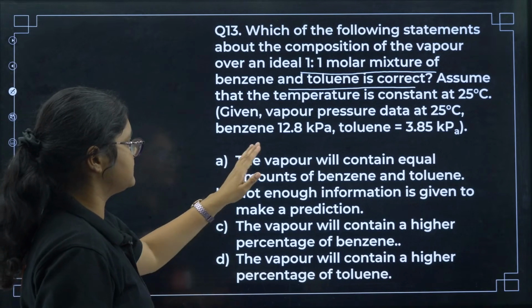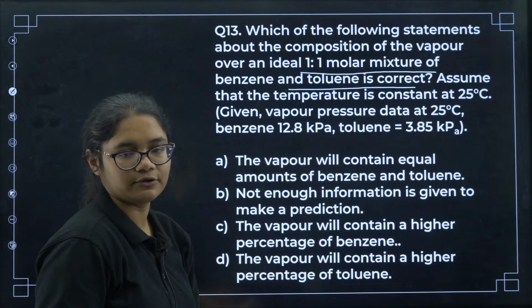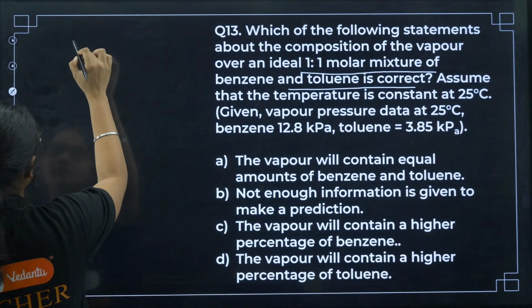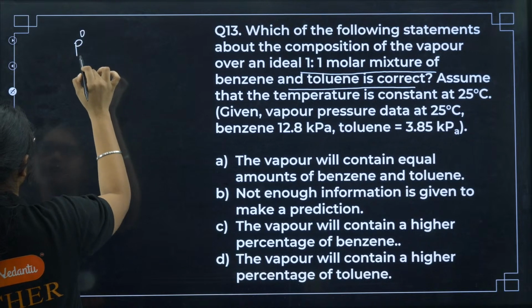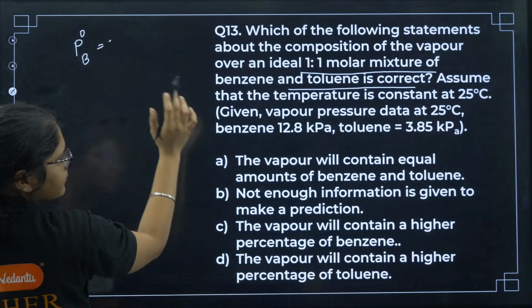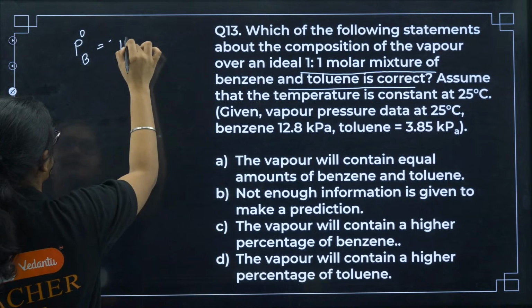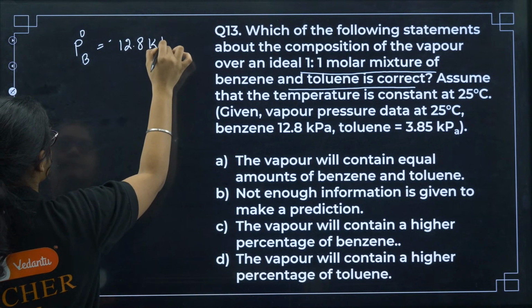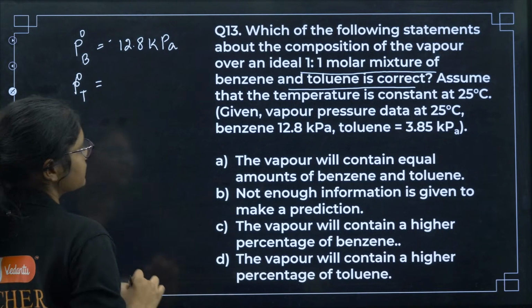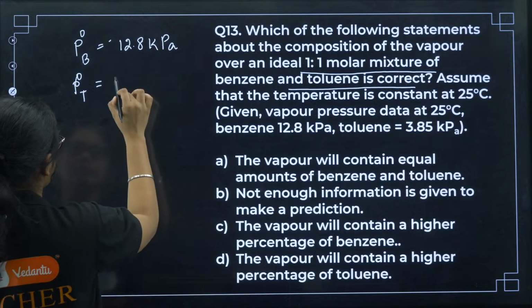The vapor pressure of benzene is given, P naught of benzene is 12.8 kilopascal, and P naught of toluene is 3.85 kilopascal.